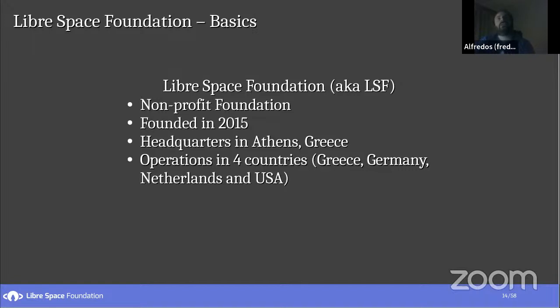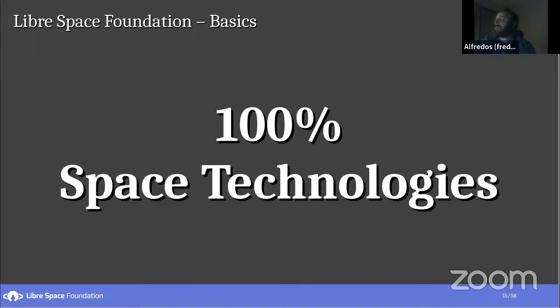As Libre Space, we build only space technologies, 100% space technologies, nothing else. This means things like satellites and components for satellites. We also do research for space challenges and problems that are out there.